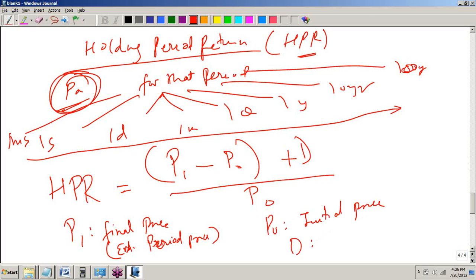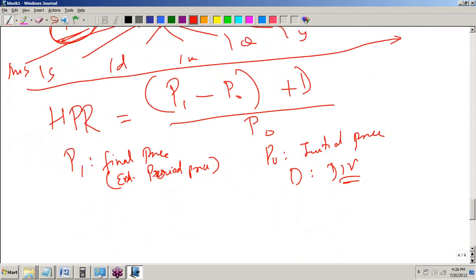P0 is the initial price, and D is the dividend that you are getting. So P1 minus P0 plus D, divided by P0, is the holding period return. Dividend is a cash flow.